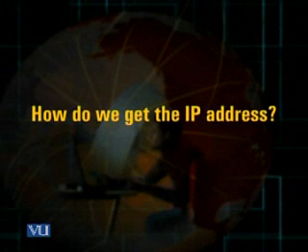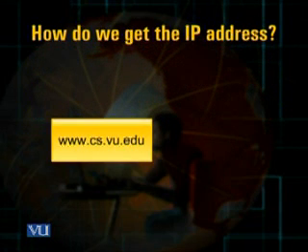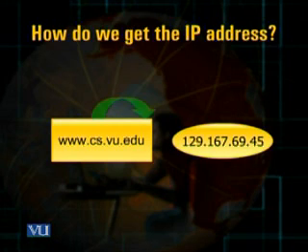As you can see in the slide before you, there is a domain name. We can also say a fully qualified domain name or domain name. This is www.cs.vu.edu, and through the domain name scheme, this domain name is then translated into the corresponding IP address.